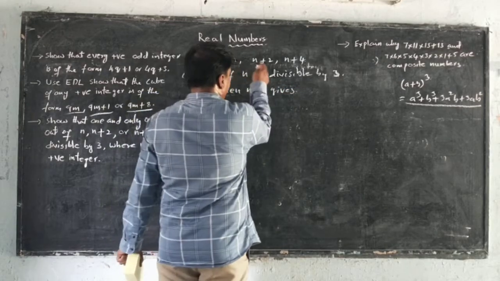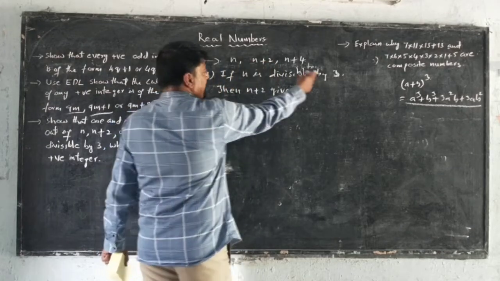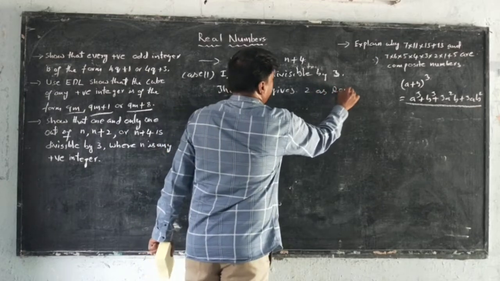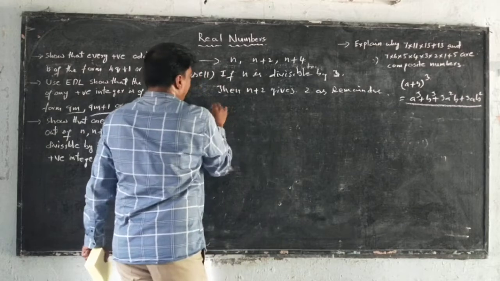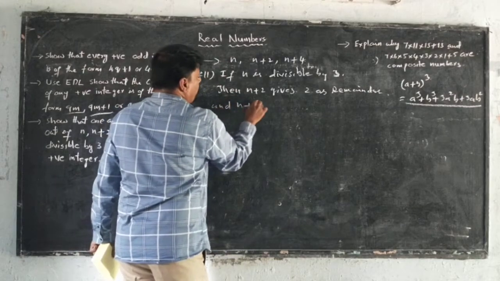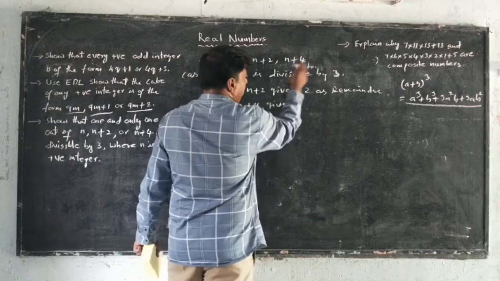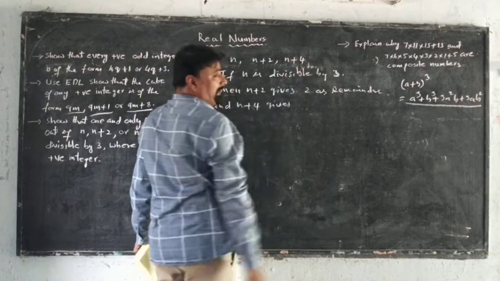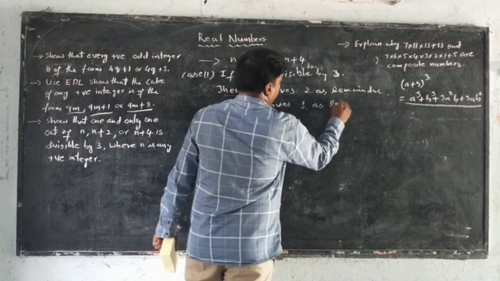If n is 6, n plus 2, 6 plus 2 is 8. When 8 is divided by 3, it gives 2 as remainder. And n plus 4: n is 6, 6 plus 4 is 10. When 10 is divided by 3, you will get 1 as remainder.